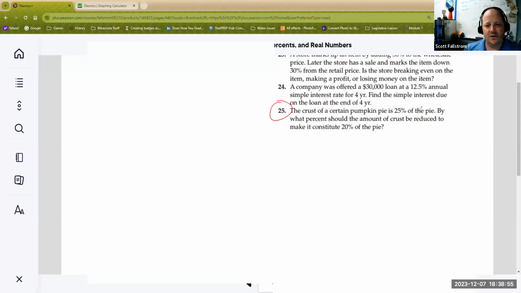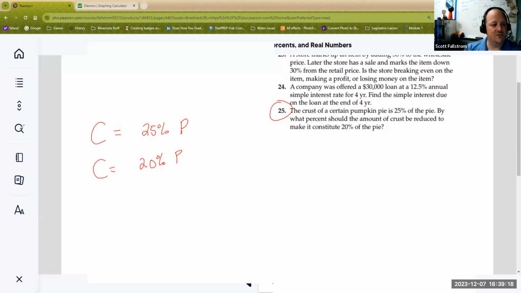All right, crust is 25% of the pie. By what percent should it be reduced to make it 20% of the pie? Okay, well, I want the crust to be 20% of the pie.